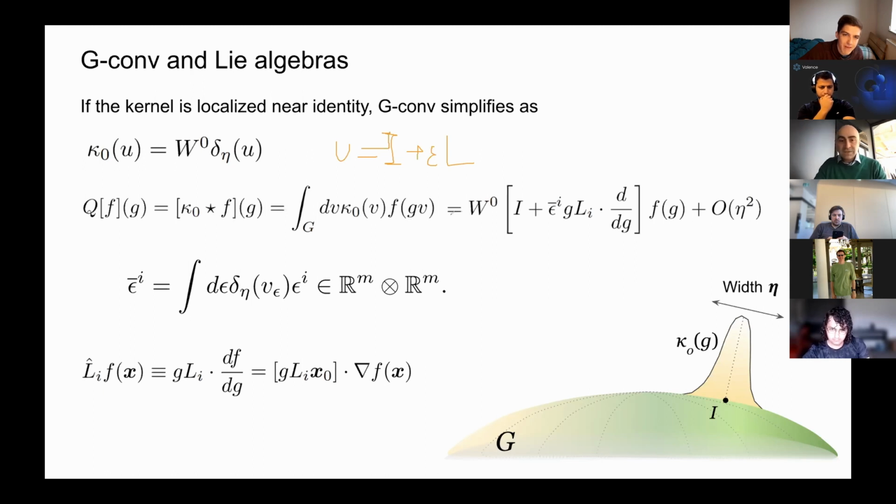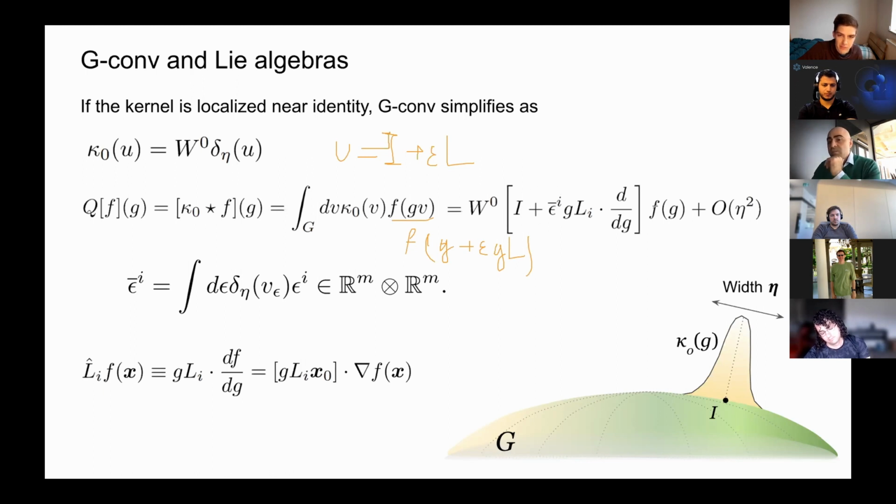Maybe I should write this down. For this expansion, this becomes f of g plus epsilon times gL. So you have one term that is f of g, the point around which you are expanding, and then you're adding an epsilon gL to it, and that is where the second term comes in.